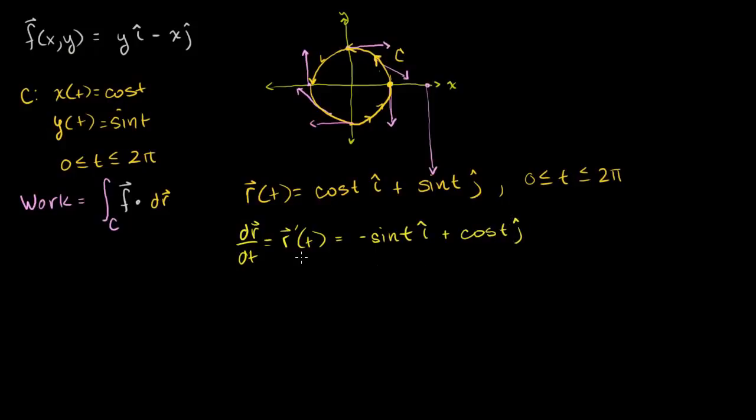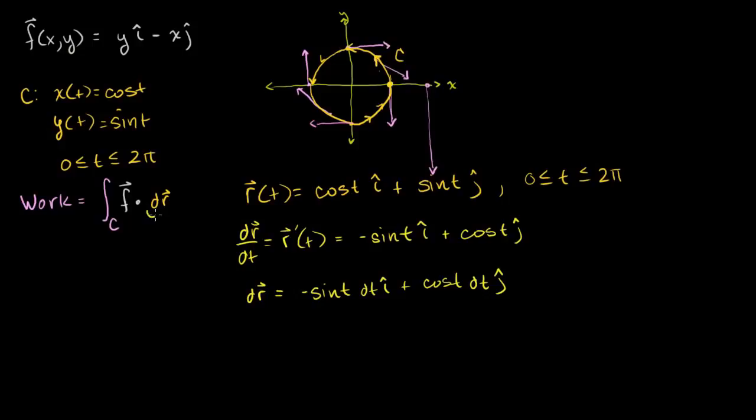And if we want the differential, we just multiply everything times dt. So we get dr is equal to minus sine of t dt, I'm just multiplying each of these terms by dt, distributive property, times the unit vector i, plus cosine of t dt times the unit vector j.